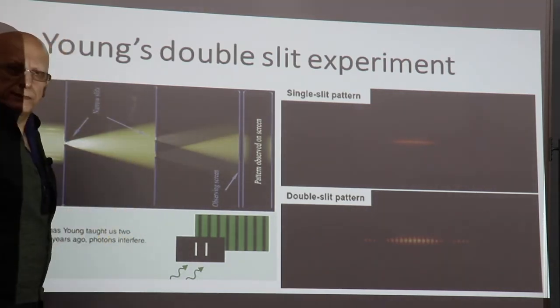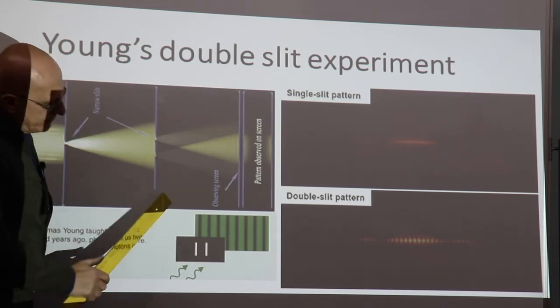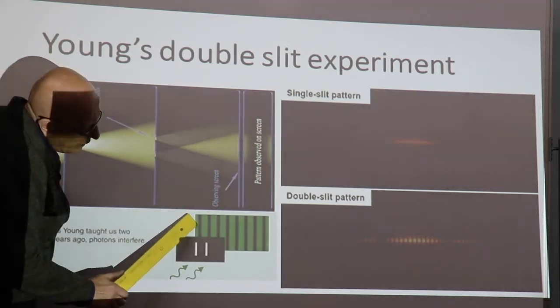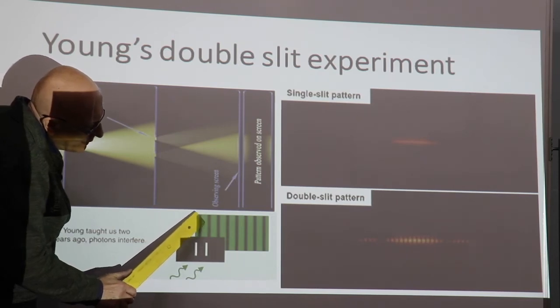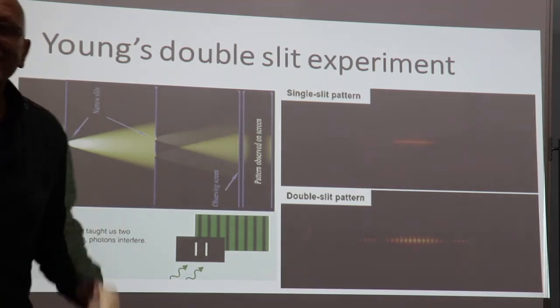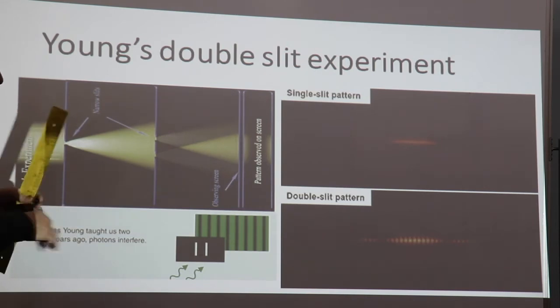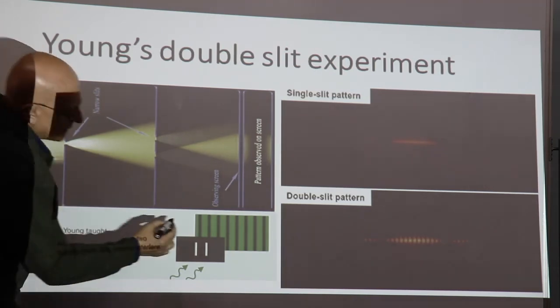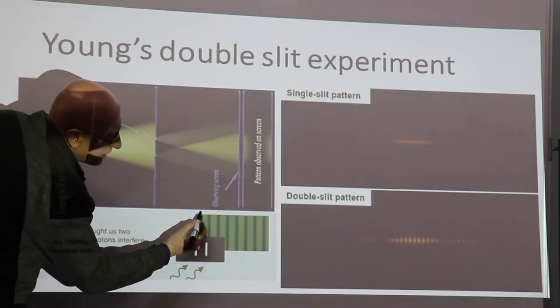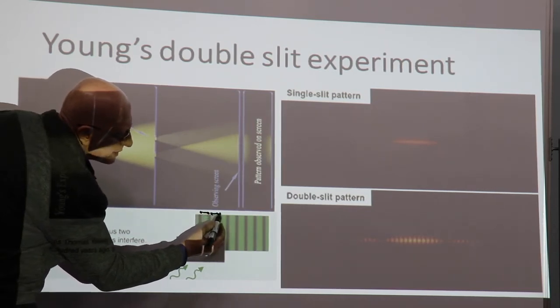So, if I ask you to describe the interference pattern that is seen on the screen, what do you say? You say that the interference pattern consists of alternating dark and bright fringes that are equidistant from each other. That is, the distance from here to here is the same as the distance from here to here.